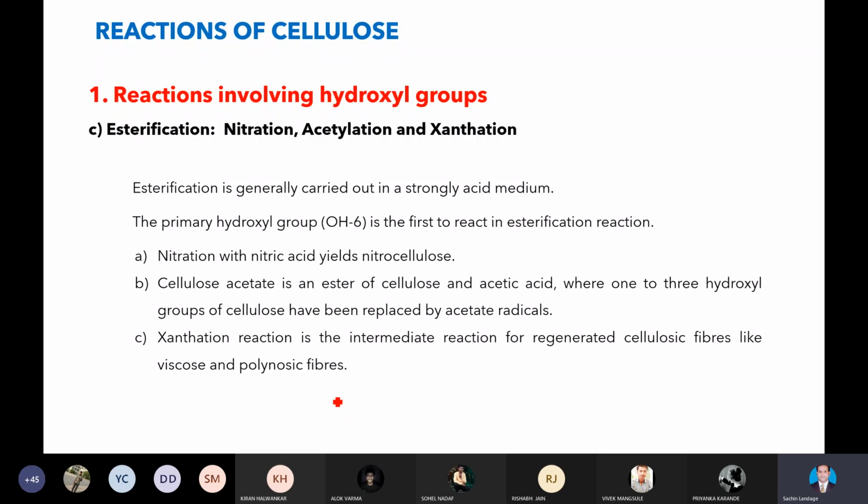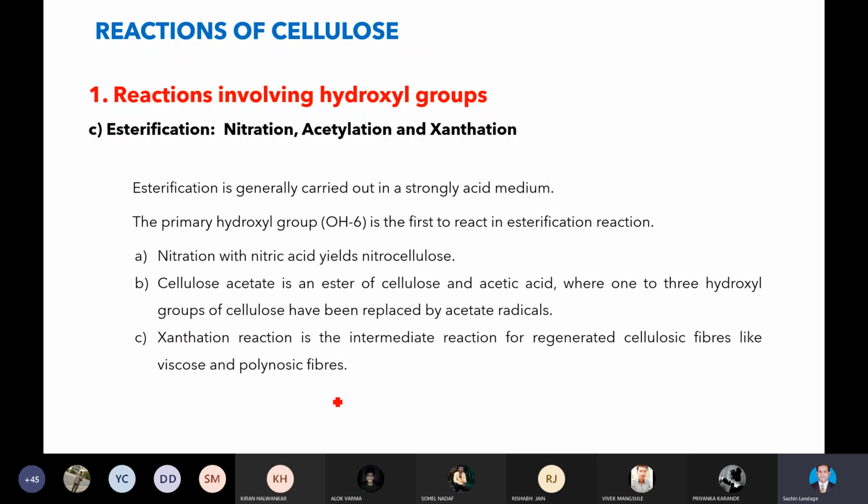Later on, we carry out the treatment of this soda cellulose with carbon disulfide. And this reaction takes place only in primary cellulose. Whatever the xanthation is, it takes place only in primary cellulose. So the soda cellulose which is formed there, Cell-OH with NaOH gives Cell-ONa, where we get the addition of carbon disulfide CS2, and we get the xanthation reaction.